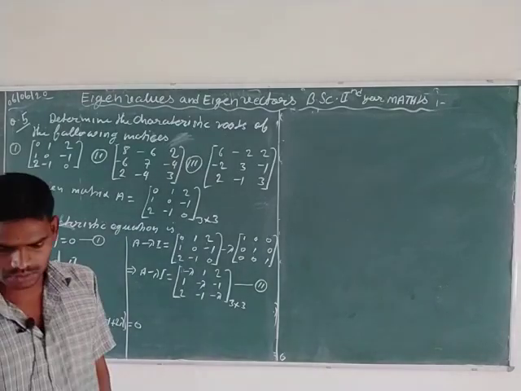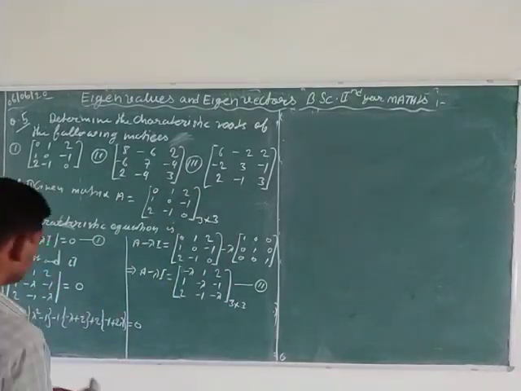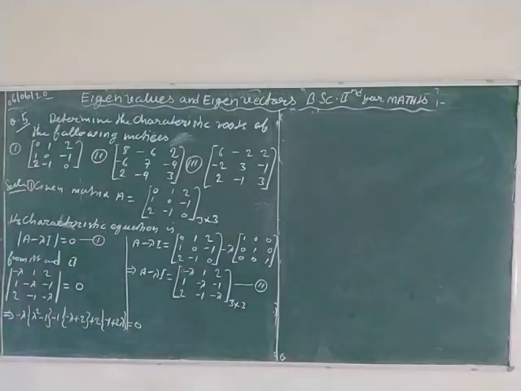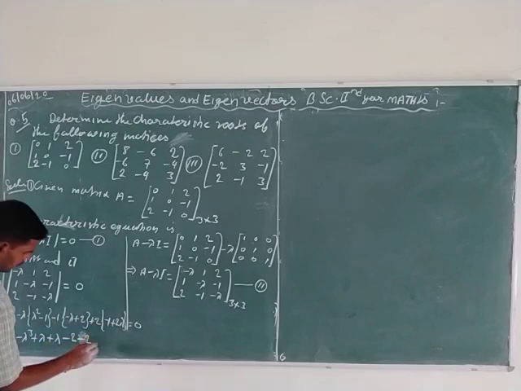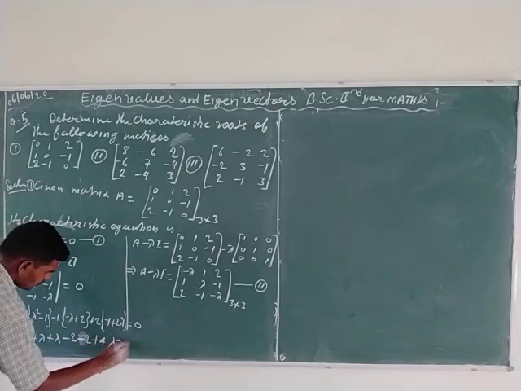Simplifying this bracket, multiply by minus lambda to lambda square minus 1, so it is equal to minus lambda cube plus lambda, and plus lambda, and minus 2 plus, multiplying 2 with minus 1 is equal to minus 2, and 4 lambda is equal to 0.